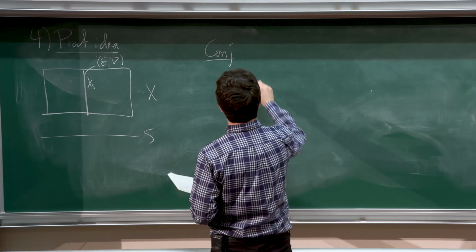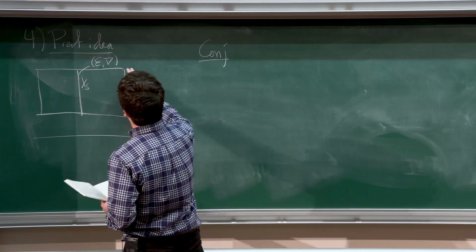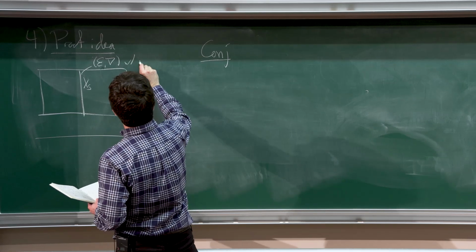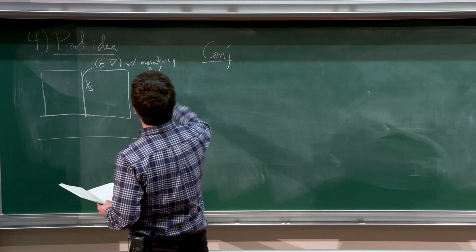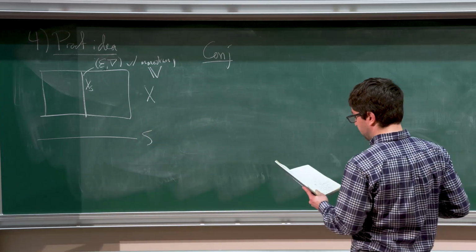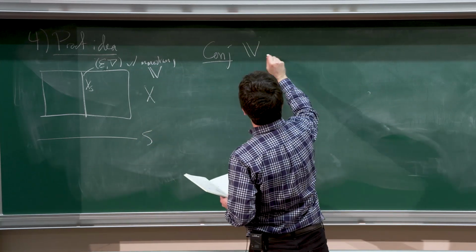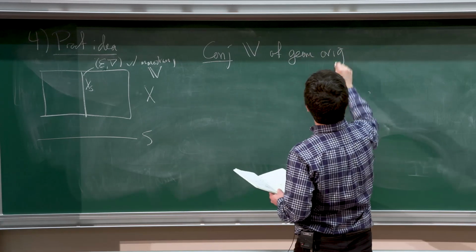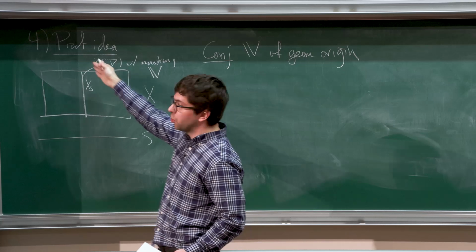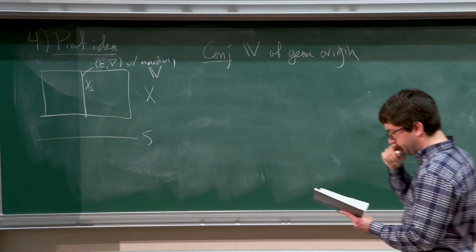Okay, so the conjecture is that, so here, (E, ∇) with monodromy representation V, or associated local system V. So suppose V is of geometric origin. So here V is now some local system of geometric origin on a fiber of a smooth proper morphism π.